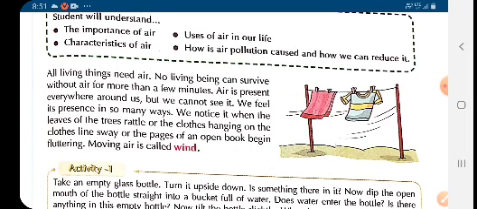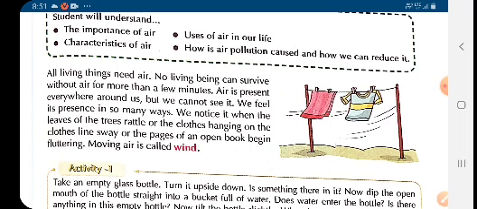Because we are not able to see anything inside it. That means it is filled with air. So all the space around us which is empty is occupied by air. So we can say air is everywhere.